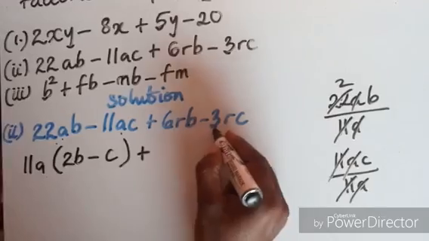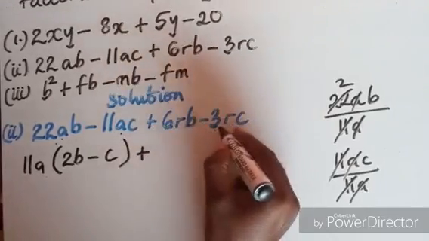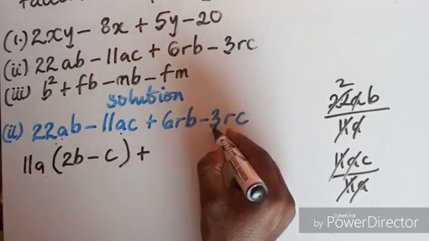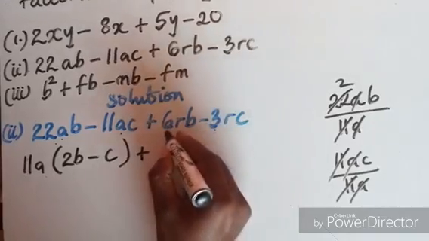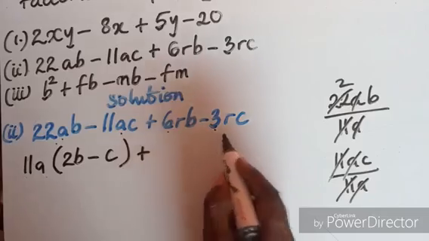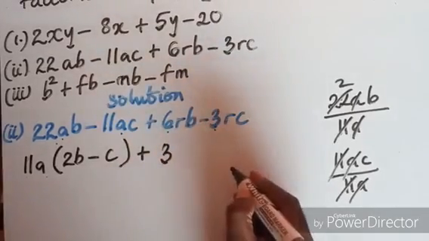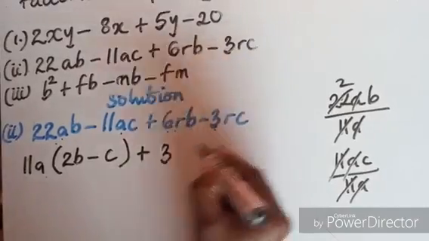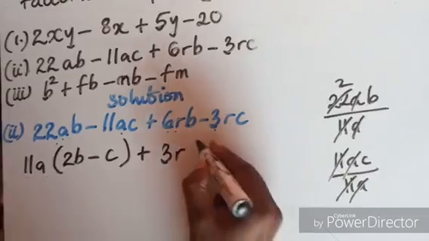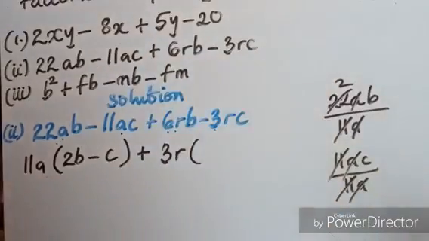And the common term here is 3, because 3 can go into 6. And again there's r here, so I first bring my 3 out, then r and r is common, so I bring r, I open my bracket.